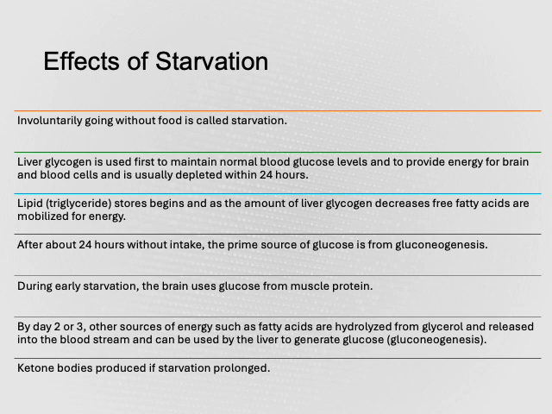The last important factor is to think about fatty acids. These are hydrolyzed from the glycerol molecule, and both free fatty acids and glycerol are then released into the bloodstream. Free fatty acids are used. Glycerol can be used by the liver to generate glucose, which is gluconeogenesis.